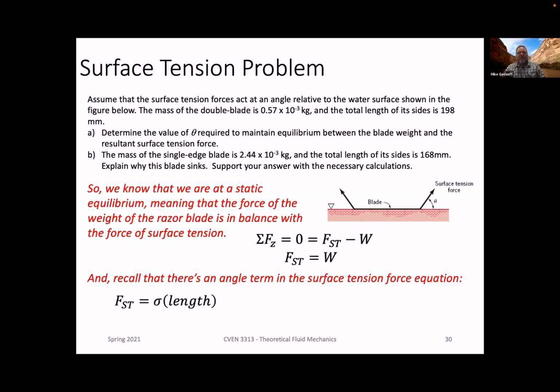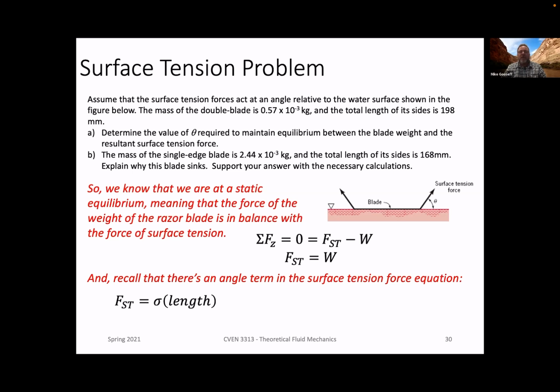But remember, surface tension is going to be sigma. The surface tension value is in force per length. So we're going to multiply sigma by a length, in this case, the perimeter of our object, which was given up above. The length is 198 millimeters. And now I've left out the sine, cosine, tangent term.